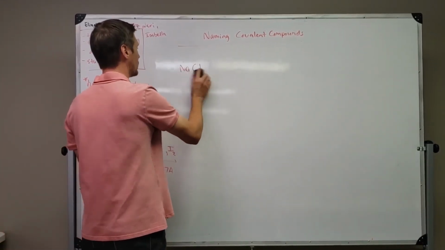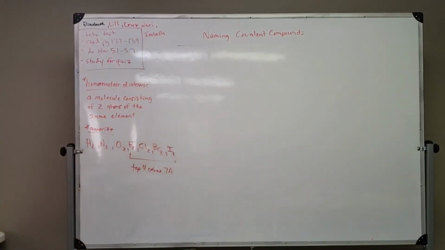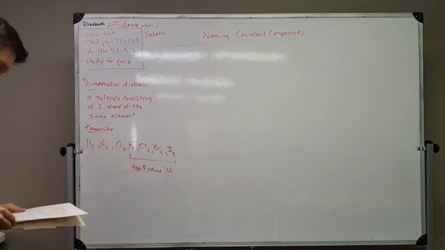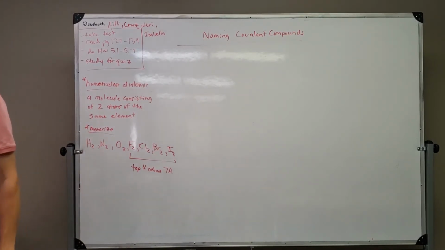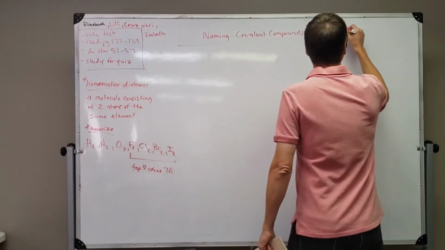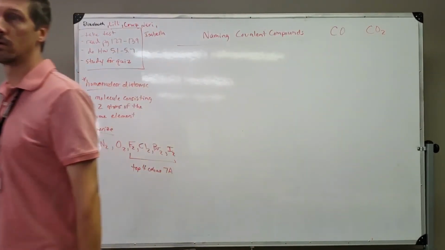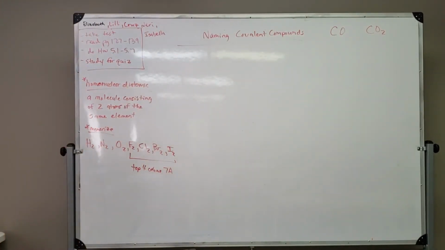Covalent compounds are a little trickier. With covalent compounds, we have to know some prefixes. And you're actually already used to doing this. You probably just don't remember or haven't thought about it much, but probably most of you know what each of those compounds are. What's the first one?